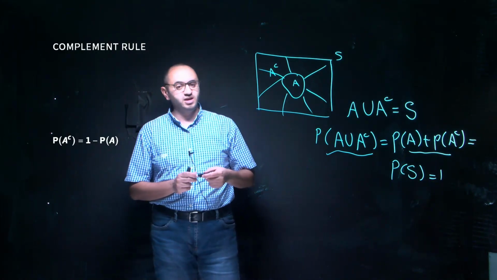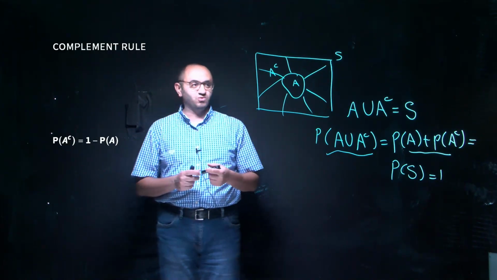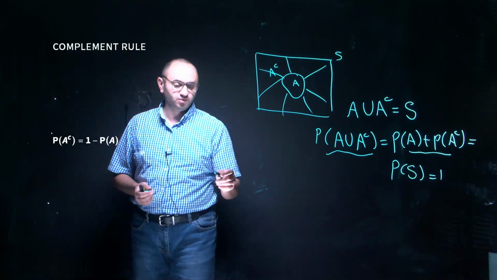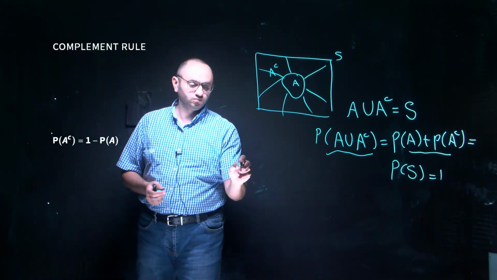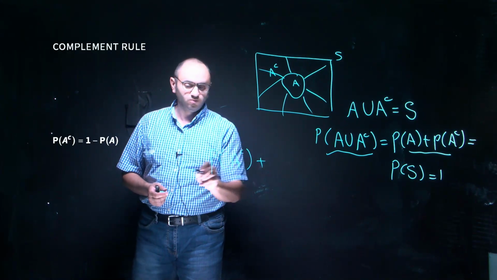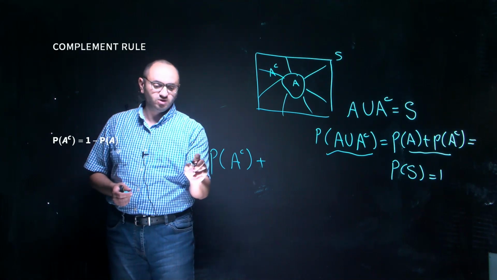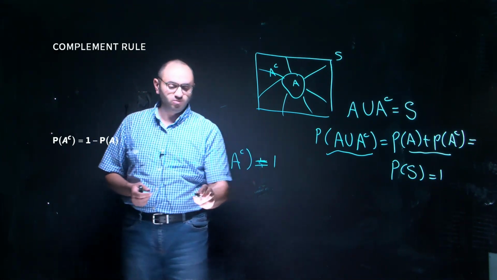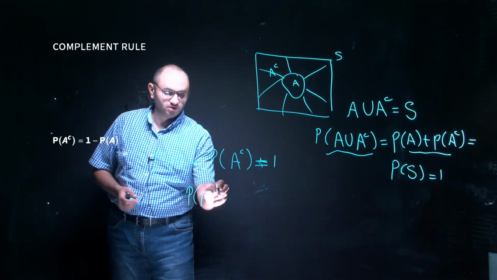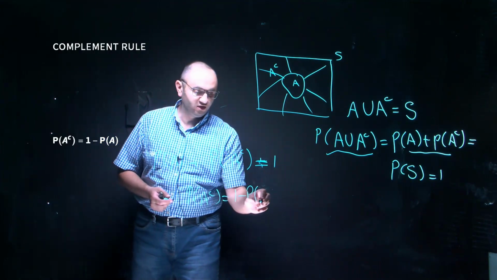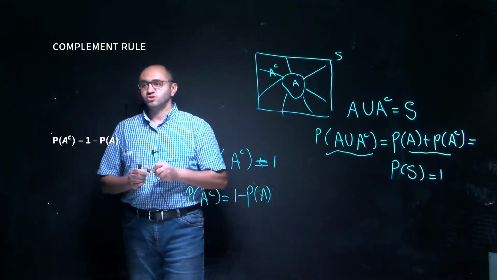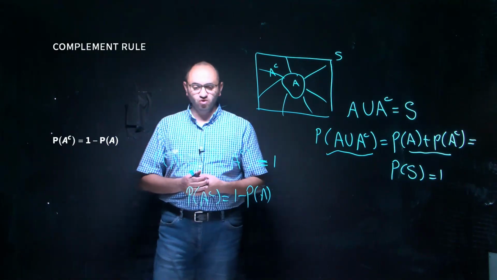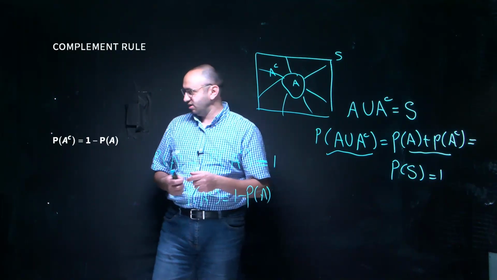So probability of A plus probability of A complement equals 1. Therefore, probability of A complement equals 1 minus probability of A. This is the complement rule. It's a very basic formula, but it's very powerful in probability.